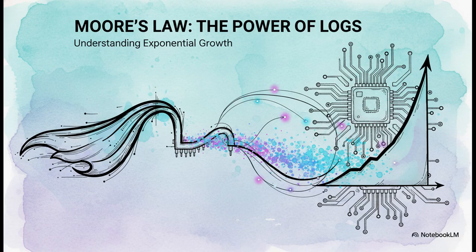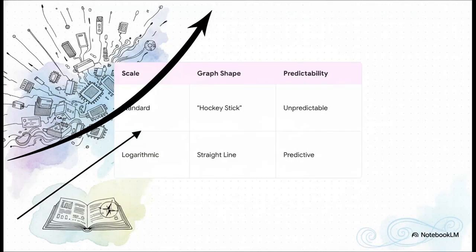So why do we care so much about these strange, infinitely approaching curves? Well, because they have a kind of superpower. And to see it in action, let's take a look at something from the world of computing called Moore's Law. Moore's Law basically says that computing power grows exponentially. Now, if you plot that growth on a standard graph, you get what people call a hockey stick curve. It just shoots up so ridiculously fast that it's almost impossible to read or to predict where it's going next.